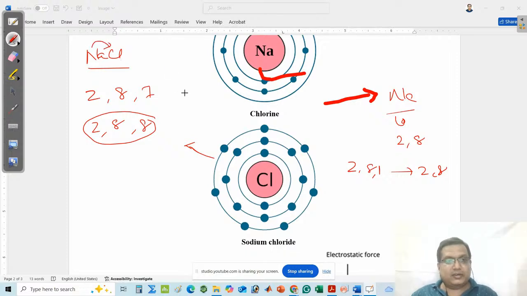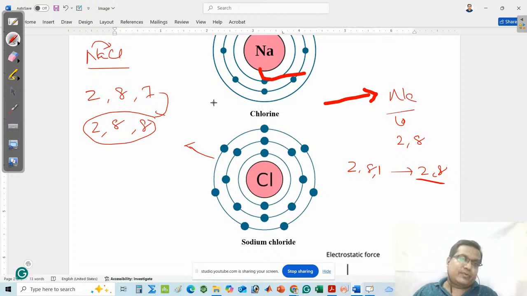As a result, the electronic configuration of sodium is now 2, 8, and the lost electron of sodium is gained by chlorine, and it converts its electronic configuration from 2, 8, 7 to 2, 8, 8. Now, both sodium and chlorine are stable.